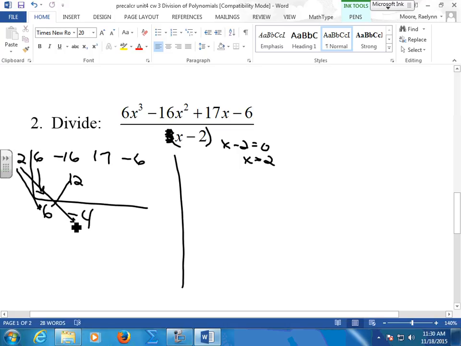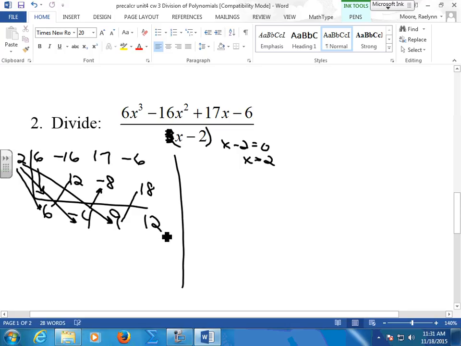What is 2 times negative 4? Negative 8, right? I add down. What do I get? 9. I multiply from the left. What is 2 times 9? 18. Add down.